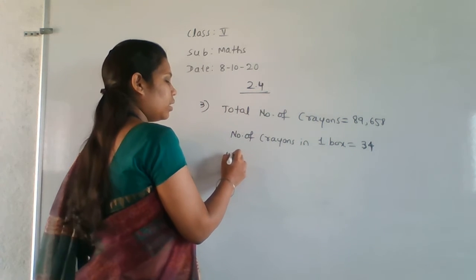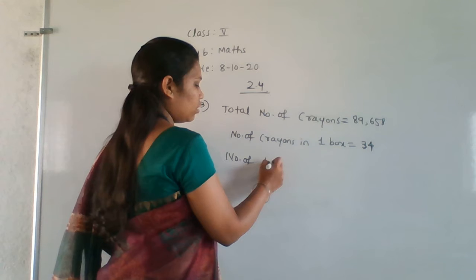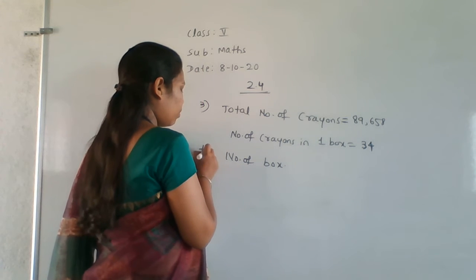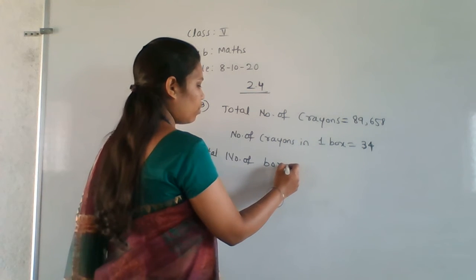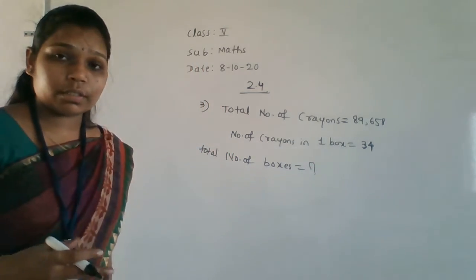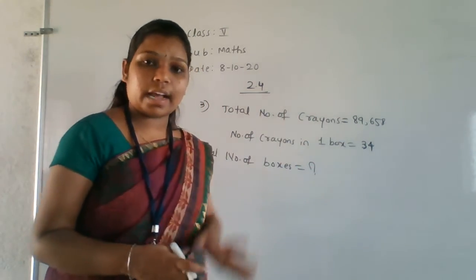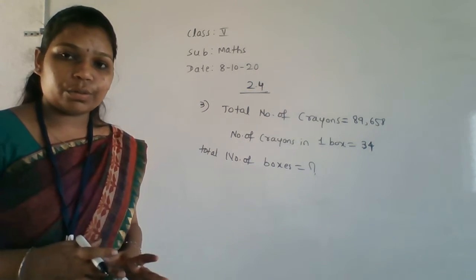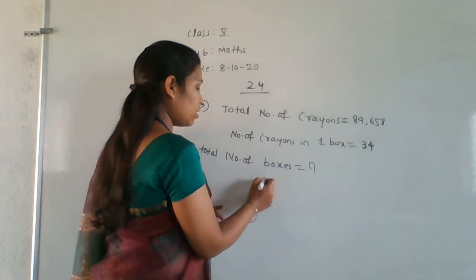So we want the number of boxes. Total number of boxes is equal to question mark. We want how many boxes to pack all the crayons, they are asking here. For that again you have to do the division.